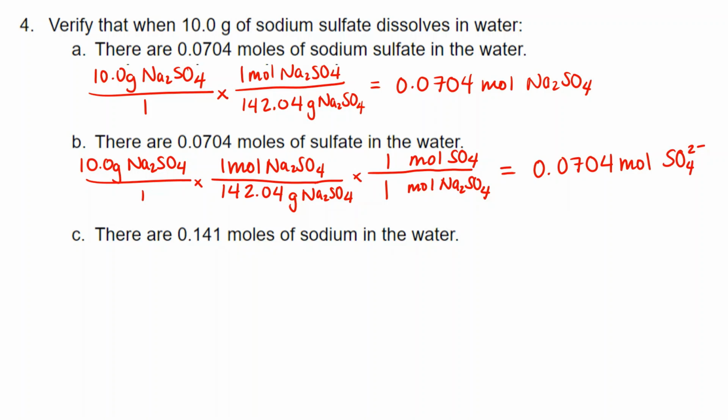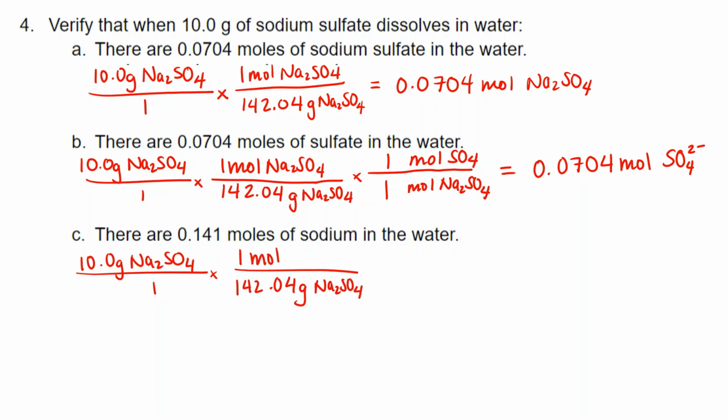The last one here is sodium. So I'm going to start off pretty much the same. I need to take that grams of sodium sulfate and convert that into moles. So I'll divide by the molar mass to do that. Now we want our answer to be in moles of sodium.